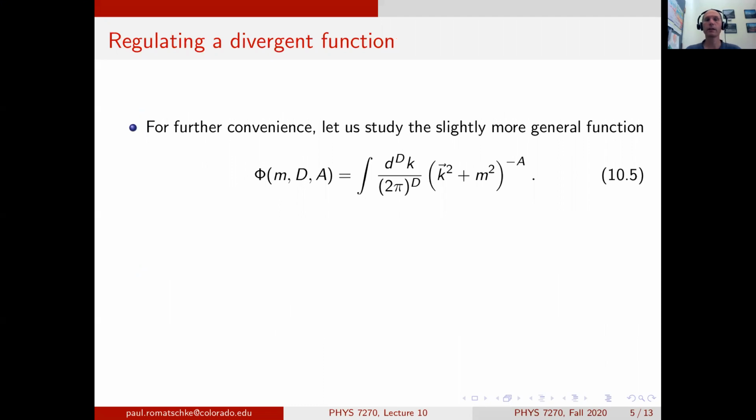It is actually convenient to study a slightly more general function than the pressure for further studies. And instead of the zero temperature pressure, I want to consider this function phi here that depends on the mass m that appears in the integrand, the number of space dimensions d that appear in the integration measure, and the exponent a that appears as the exponent of this expression E_k here.